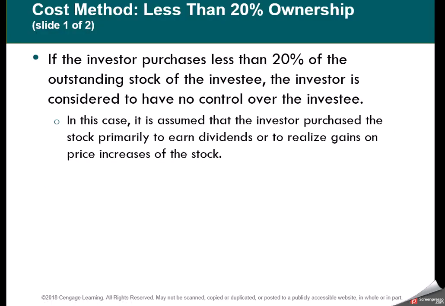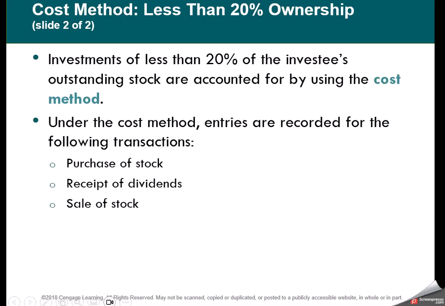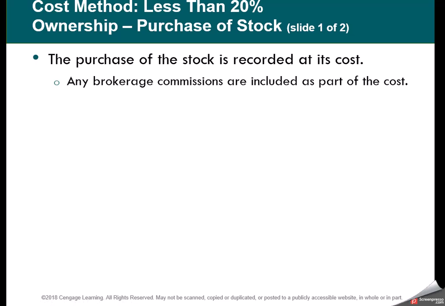So our cost method, again, is when we don't exercise control, and we're primarily investing just to earn the gains and the dividends that we can by playing in the stock market a little bit. So under the cost method, we're going to record the purchase of stock, the receipt of dividends, and the sale of stock basically at what happens.